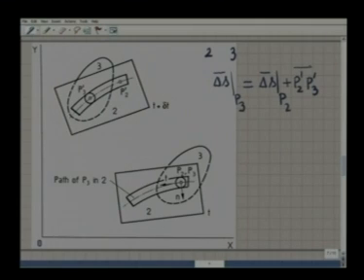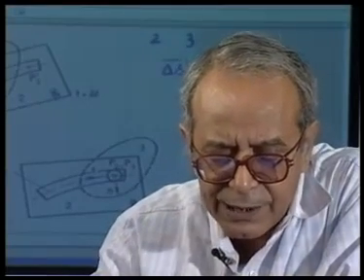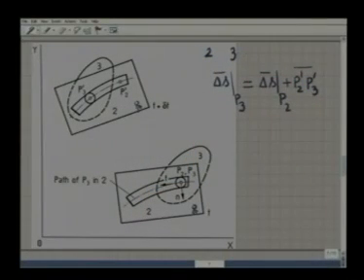Now if we think of an observer who is sitting on body 2, and we ask this observer attached to body 2 what is the displacement of the point P3, his answer will be that the point P3 at time t was here and now it has moved to P3 prime.